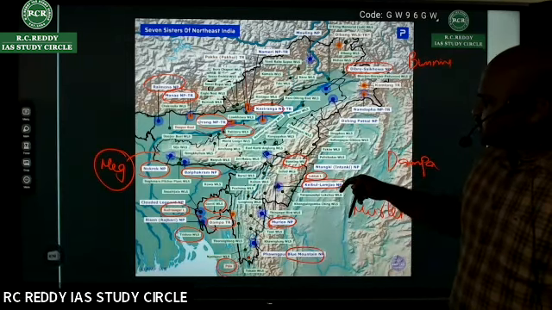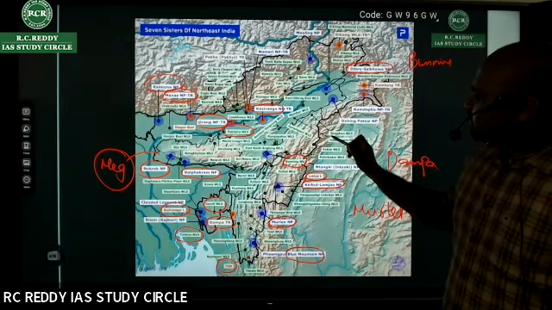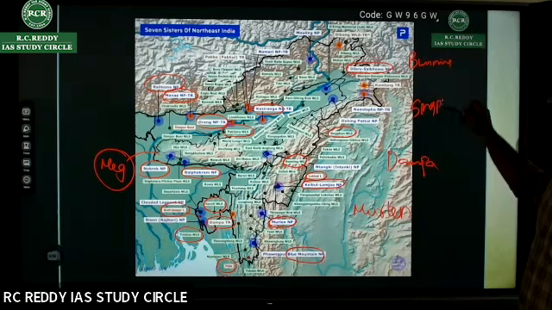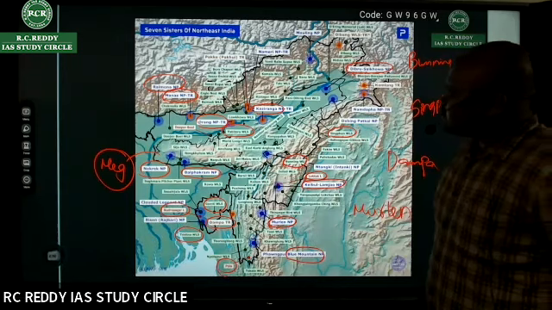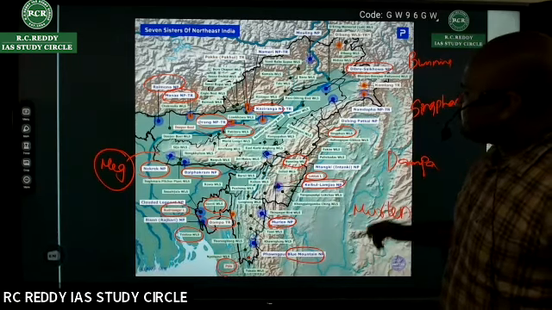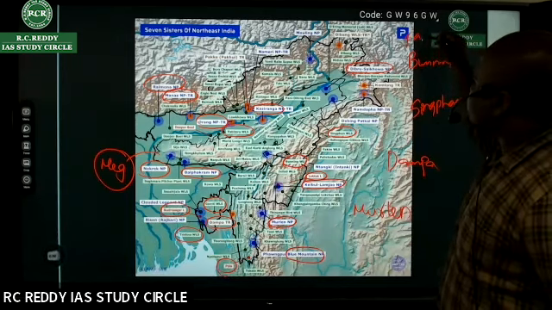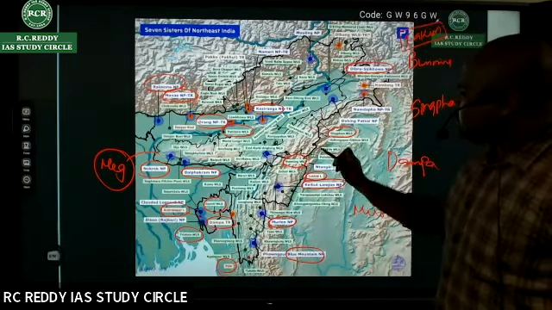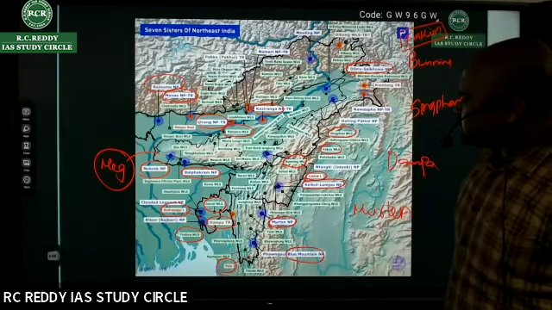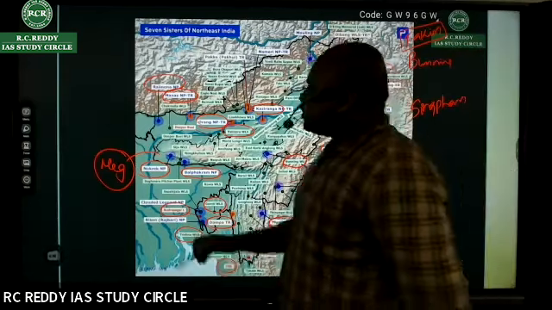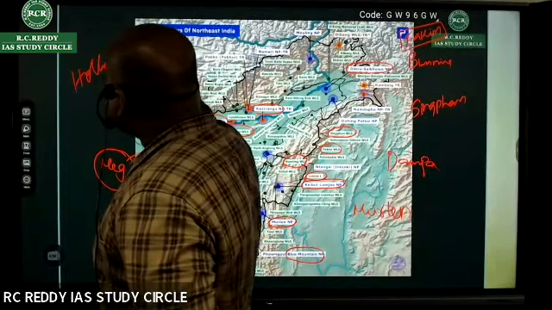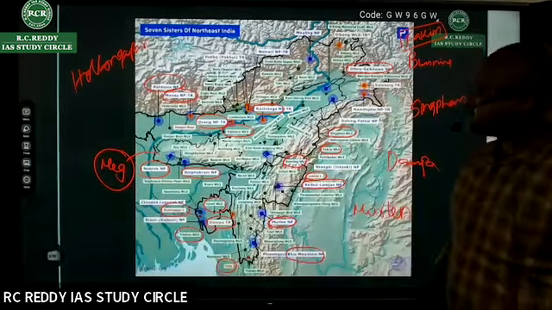Then Singpan Wildlife Sanctuary, Fakim Wildlife Sanctuary, and Holon Gapar Wildlife Sanctuary.